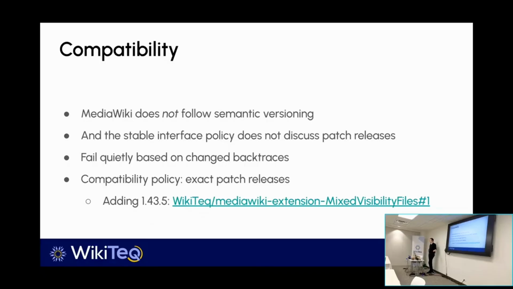It was replaced with the use of a new entry point class. So the backtrace changed. It's no longer going through permission manager. It's no longer calling get group permissions. It's calling group has permission or something else. So we had to actually check and make sure what's changed, because otherwise it would have just failed to open, which is not a good policy in this case.